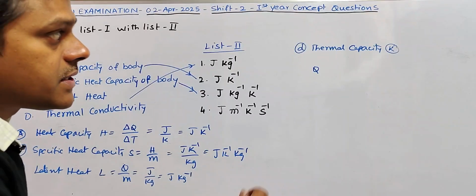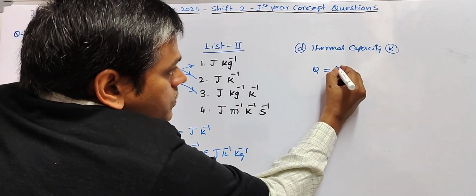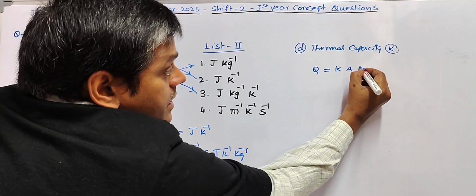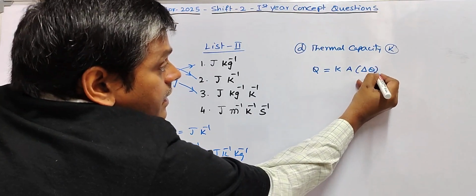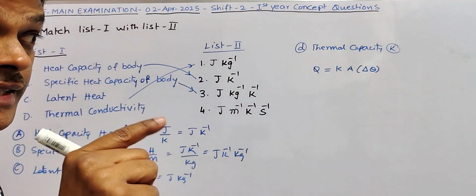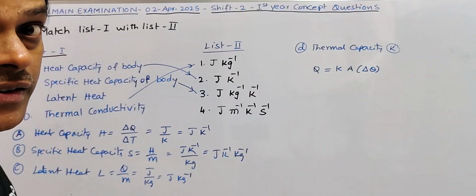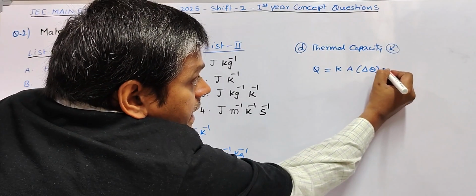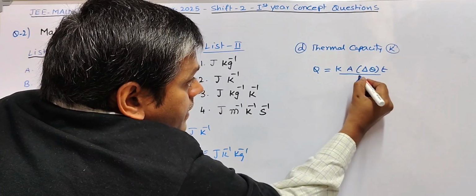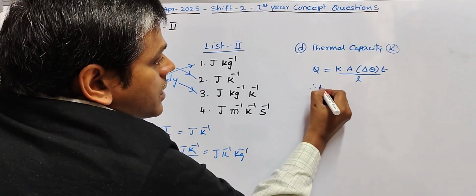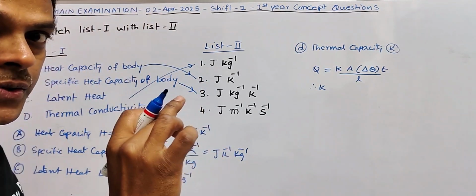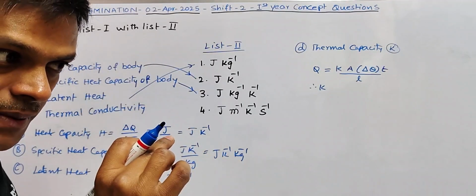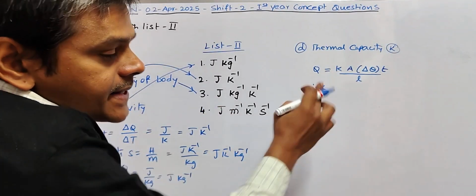To calculate it, Q is equal to a constant, K, into cross sectional area into delta theta into T by L. Here delta theta is the difference in temperature between the two ends of the rod, T is the time taken for the heat to flow from one end to the other, and L is the length of the rod.